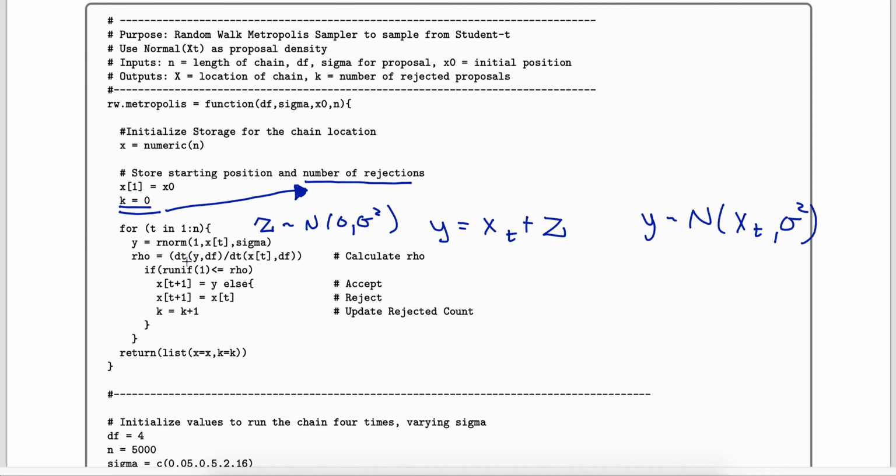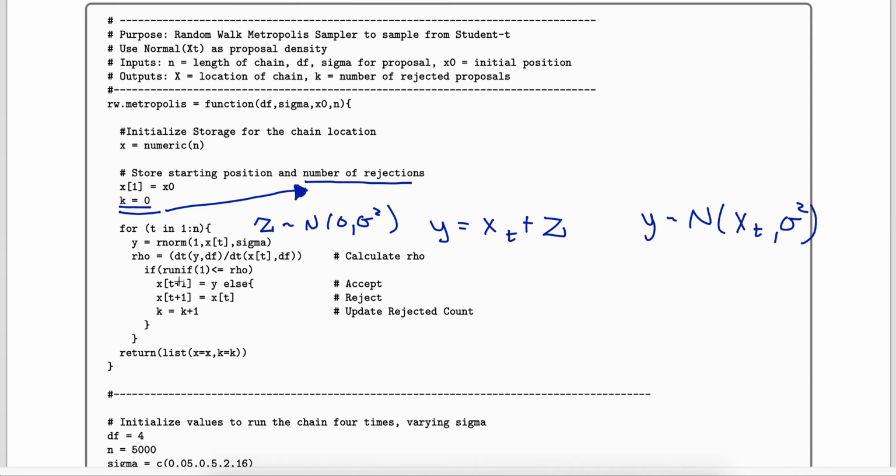Then rho, if you recall, the ratio for our proposal distributions or PDFs, those were symmetric and canceled out. So I just had the ratio of my target distribution. D for the distribution, and then t, the t distribution, evaluated at y, my proposal, with my degrees of freedom, versus my current position, with degrees of freedom.